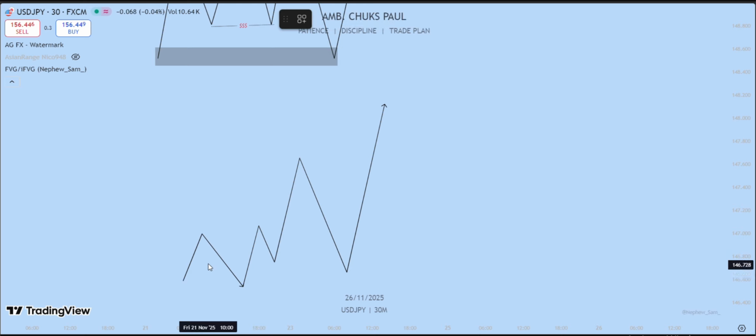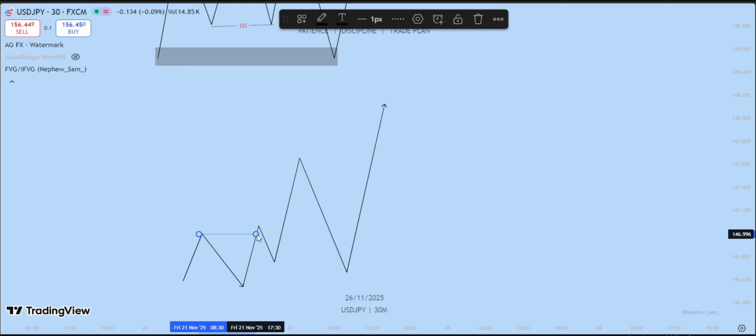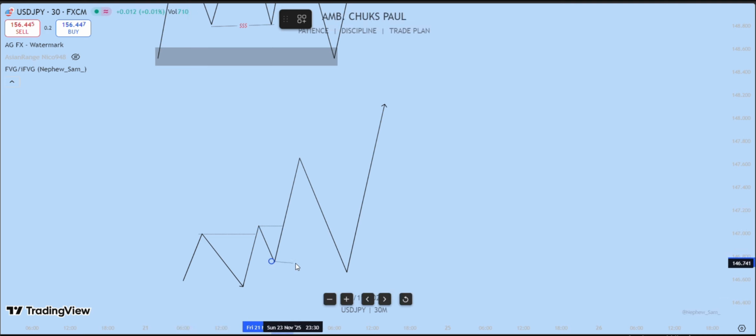Then we got this breakout structure here. And then we got another small tiny breakout structure, right? This in the same uptrend, right? This particular level here is our structural liquidity.